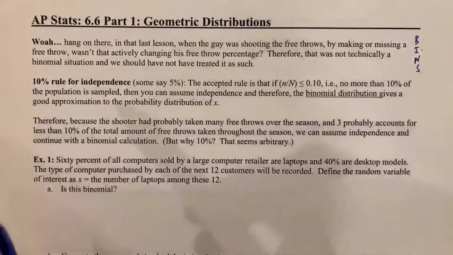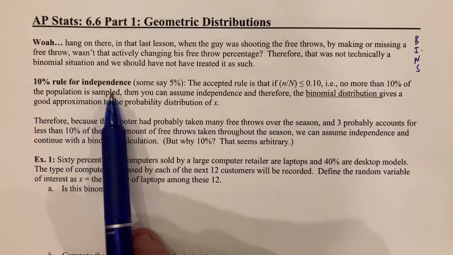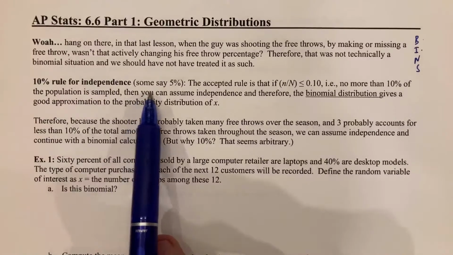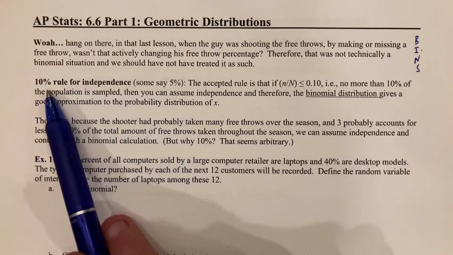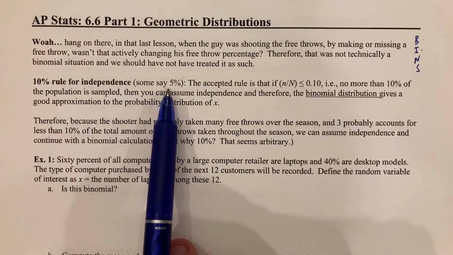So here's a rule. It's called the 10% rule for independence. Some say 5. So check it out, there's some arbitrary stuff in stats that's different from calculus.